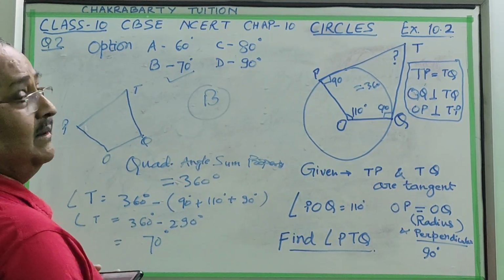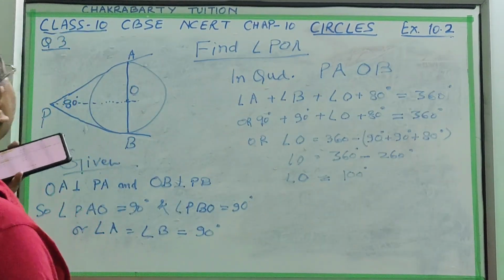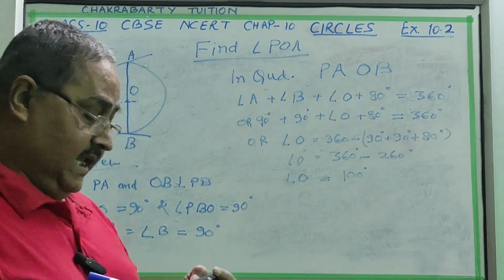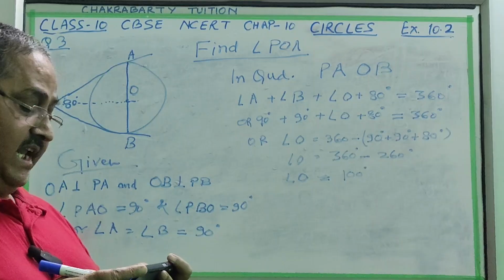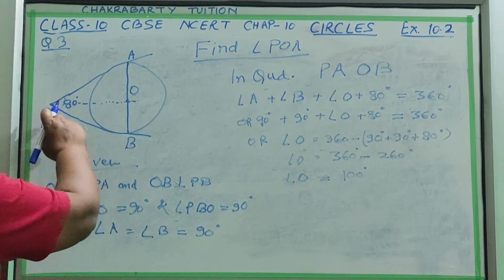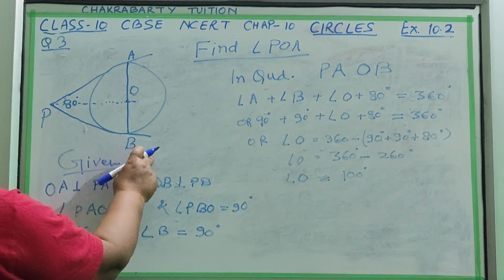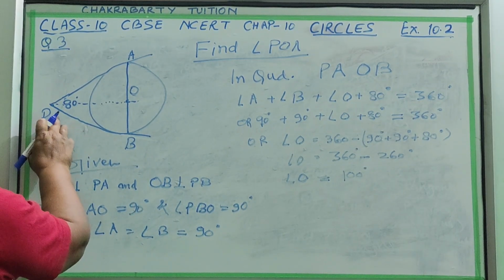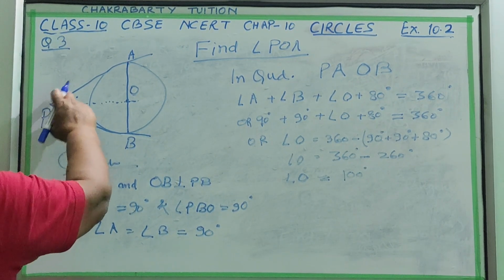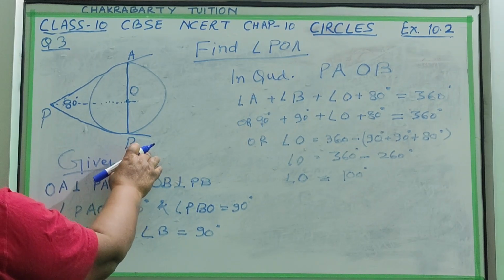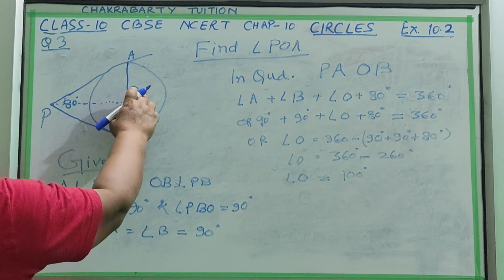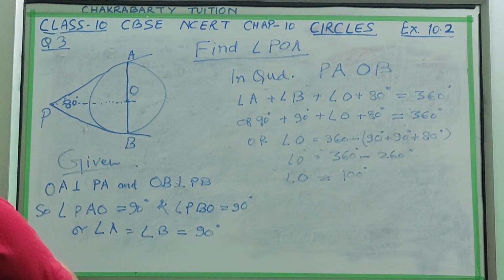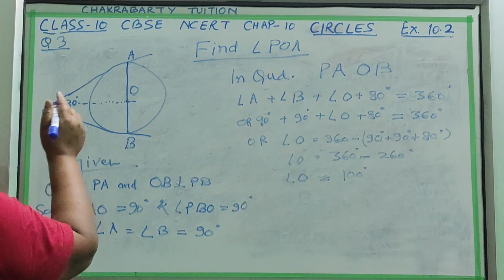Now we will do question number 3. Now question number third: if tangents PA and PB from a point P, with the center O given, are inclined to each other at an angle of 80 degrees, you have to find angle POA.